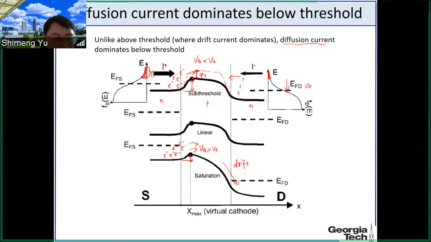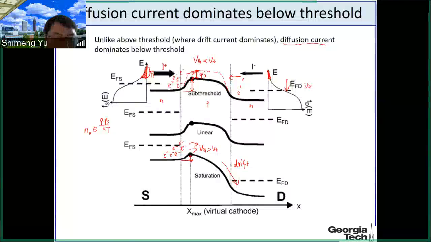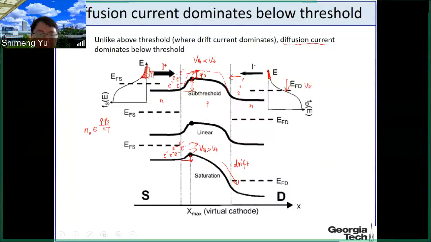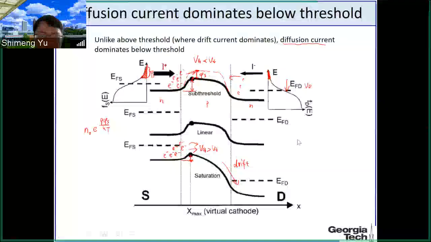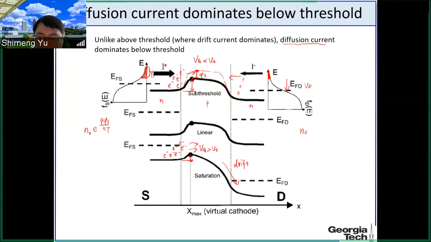Let's assume that the electron density is proportional to exp of q phi s over kT, exponentially dependent on this because it's an exponential function. And then on the drain side, the electrons above the barrier top will be fewer, proportional to exp of q(phi s minus Vd) over kT.